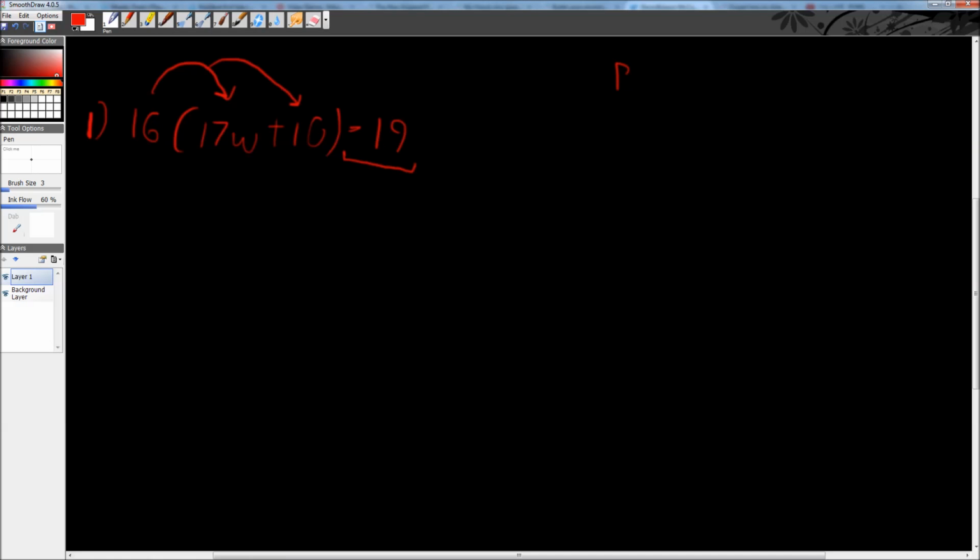So we have PEMDAS, parentheses. Because these are not like terms, you can't add them. So parentheses is out. There are no exponents. We know that this is to multiply, so that's why we do the distributive property first.